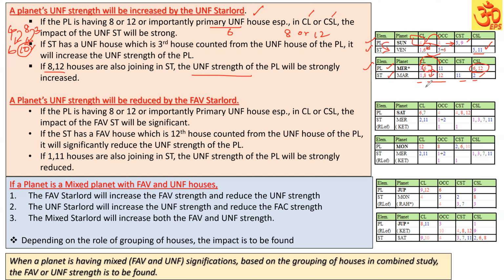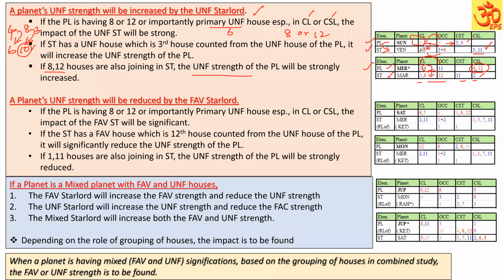It means mixed significations. So we have to look at the planet's self-signification: is favorable stronger or unfavorable stronger? What is the star lord signifying, favorable stronger or unfavorable stronger, and combined what are they giving? So whether favorable is increased or unfavorable is increased, you have to keep that in mind.